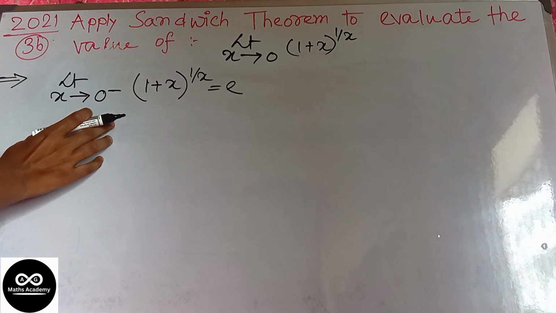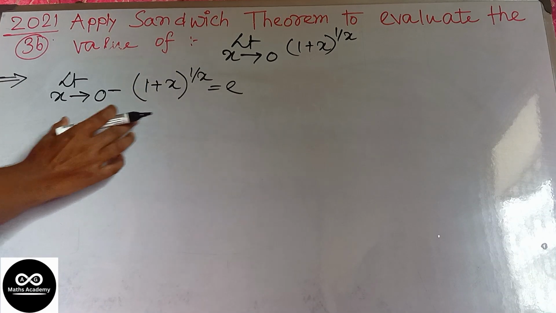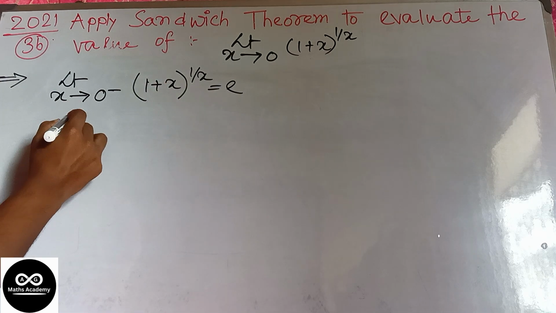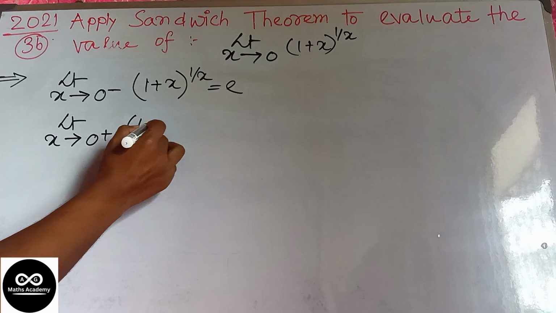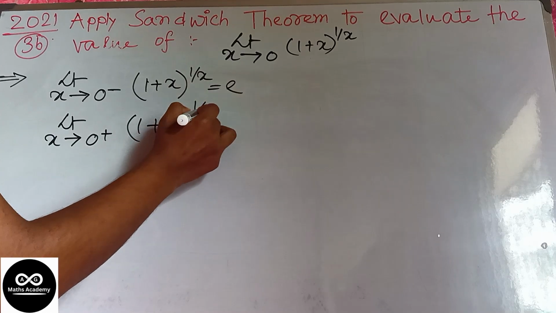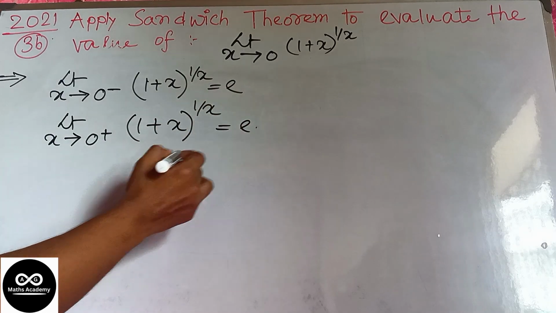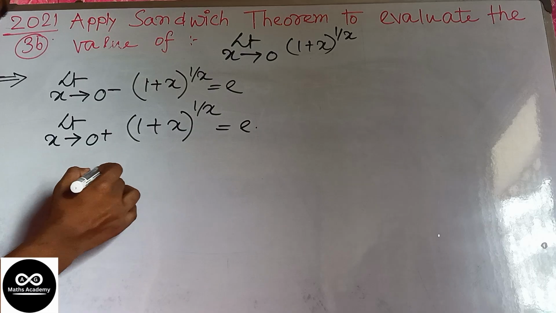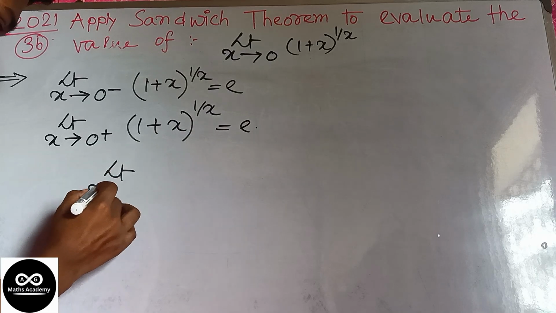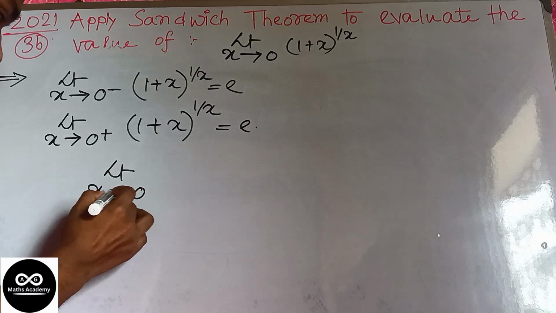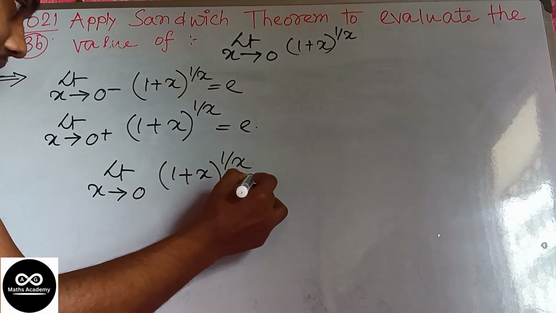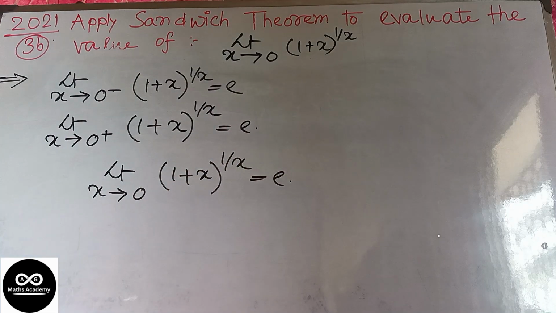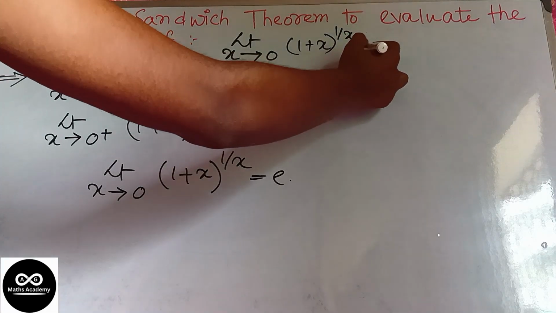So now the left hand limit is equal to e, and also the right hand limit is equal to e. So now you can say that the limit at 0 is also equal to e.